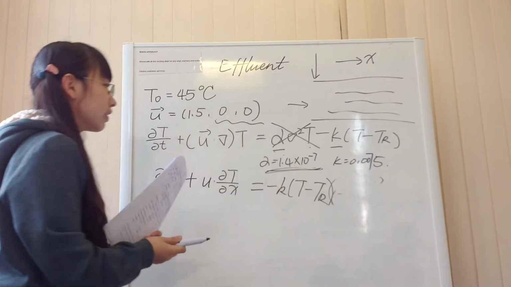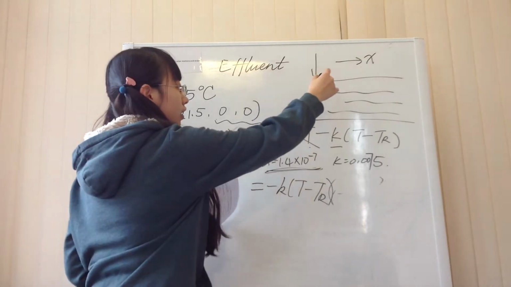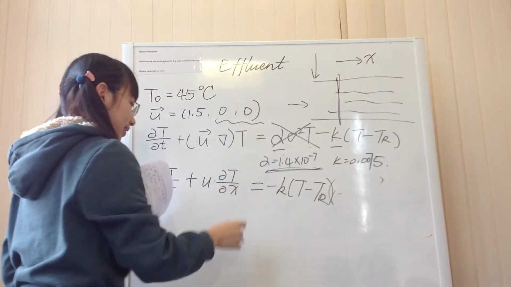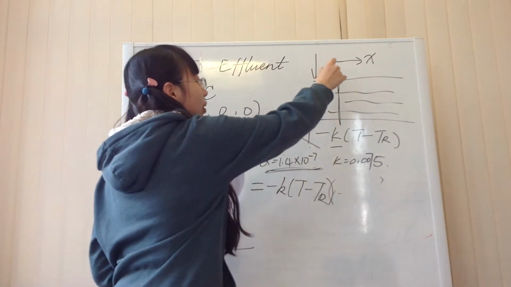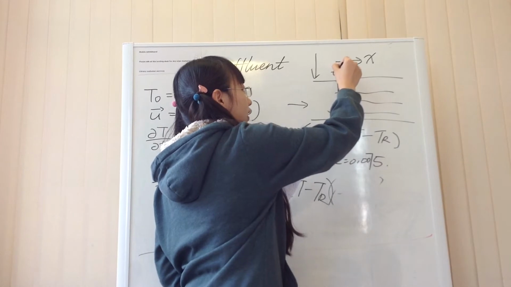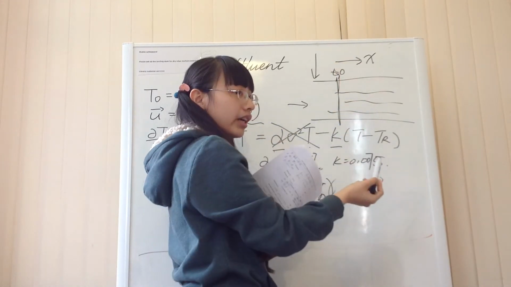What this means is that at a certain point, we consider the problem where we say this point is t equals 0.